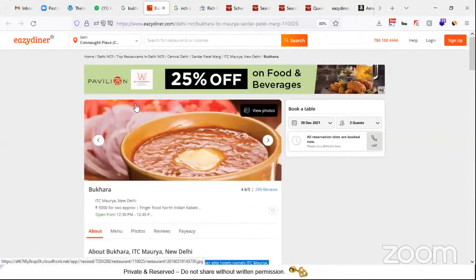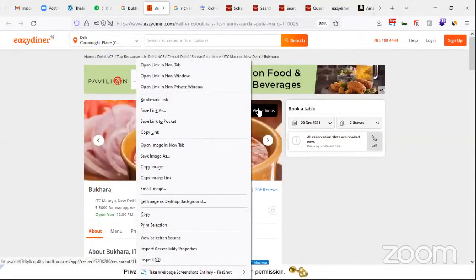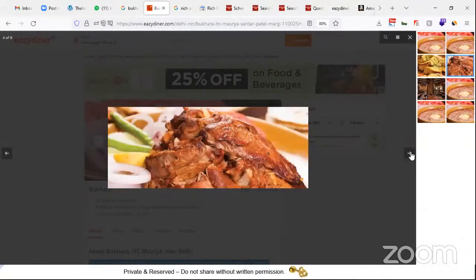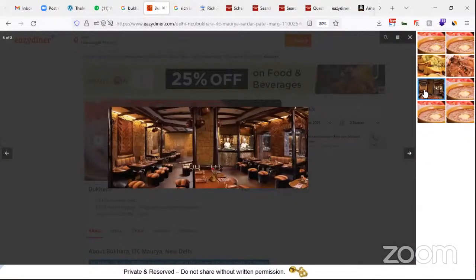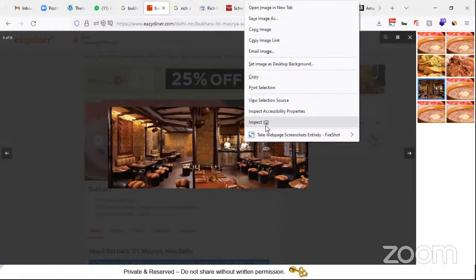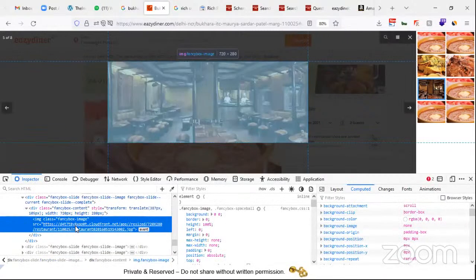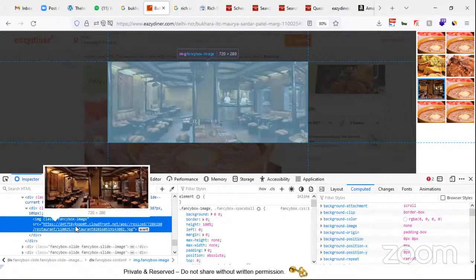Now if you see this, let's see the photos. They have used cloudfront.net, which is a CDN.